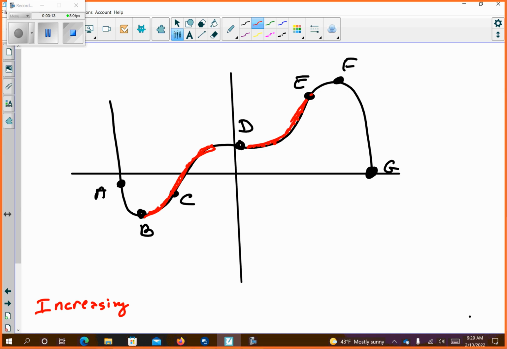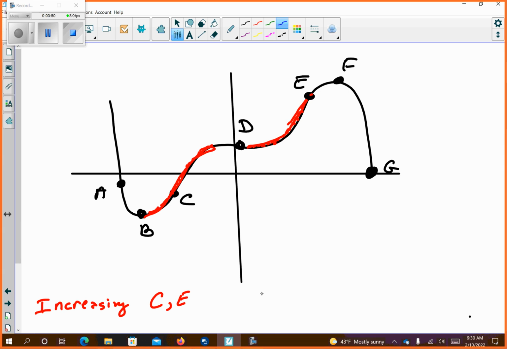So if I had to put a letter, where it would be increasing, it would be at C, and it would be at point E. Okay, so if I were to take the derivative of this function and I were to find a point of tangency and then find the equation of that tangent line at the point of tangency, which we've been doing, the slope of that line would have been a positive slope. Okay, so that just means where it's increasing.